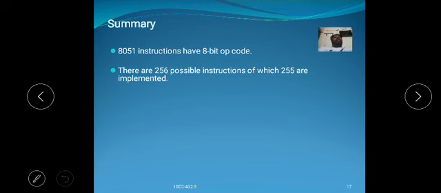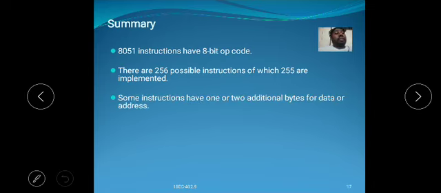8051 instructions have an 8-bit opcode. There are 256 possible instructions, of which 255 are implemented.